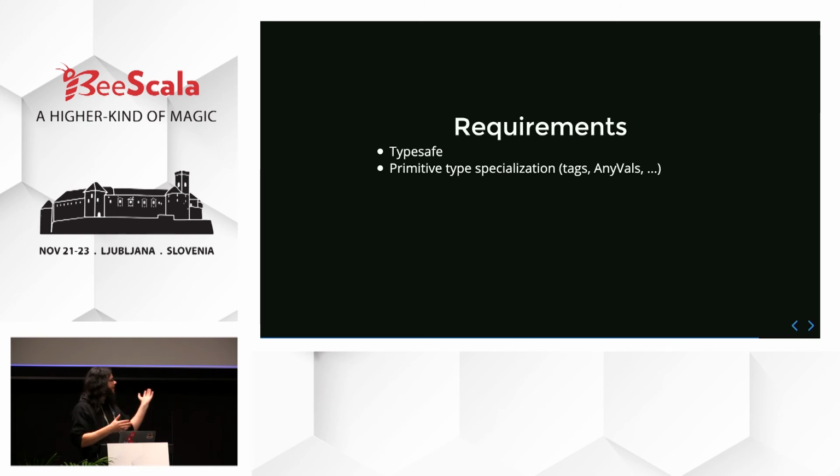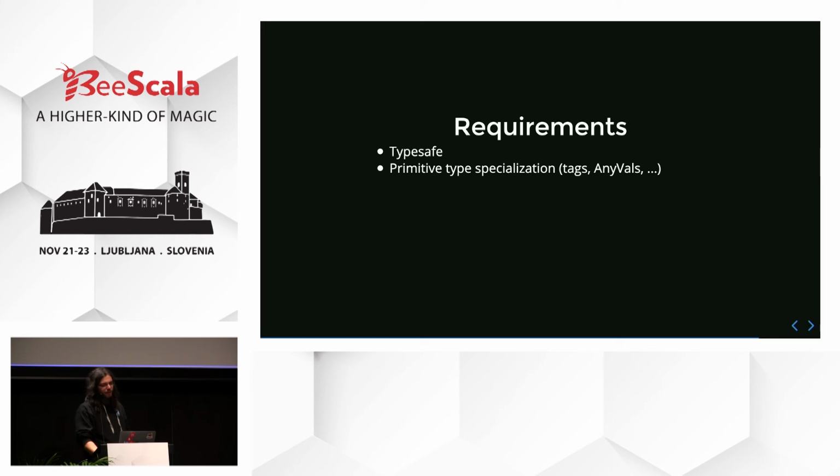And the target language can support any of the mechanisms. It can be something like Scala's AnyVal, it can be type tags, it could be any of the others that I described, as long as they have one of those or something else that allows me to distinguish between different primitive types with different semantics, then I'm cool, I'll just generate that.